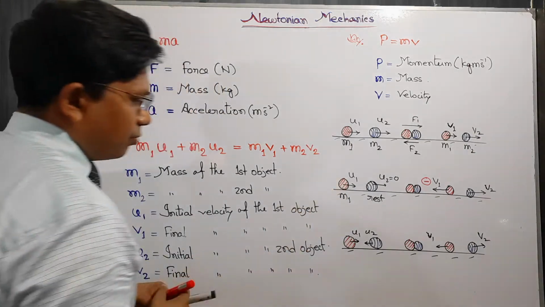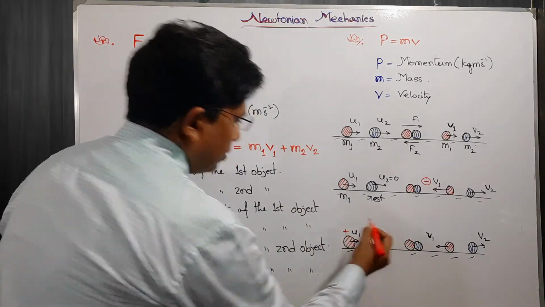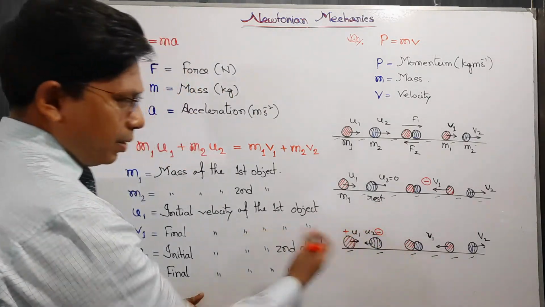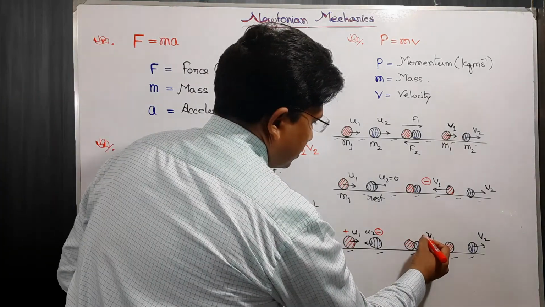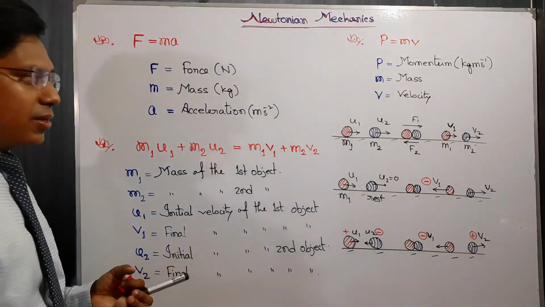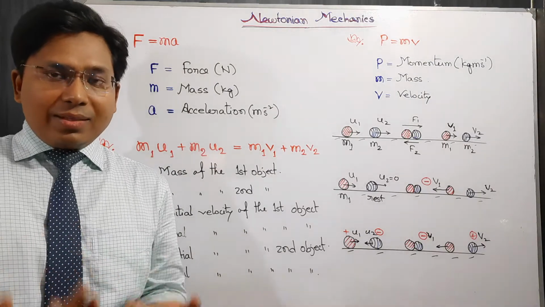Like the second case, we consider this one as positive and u2 as negative, because it is the opposite direction of the first object. You can also consider the vice versa. It depends on your consideration.